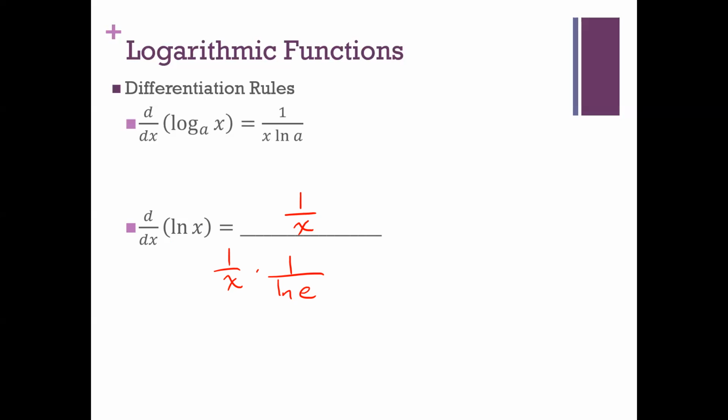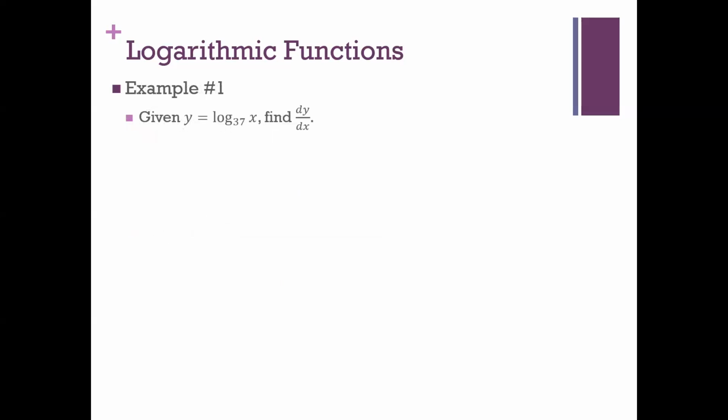Any other questions? All right, let's do a couple of examples. Want to find the log base 37 of x. Or, I don't want to find it, I want to take the derivative of it. So based on the rule we just went over, what would that derivative be? 1 over x times the natural log of 37.